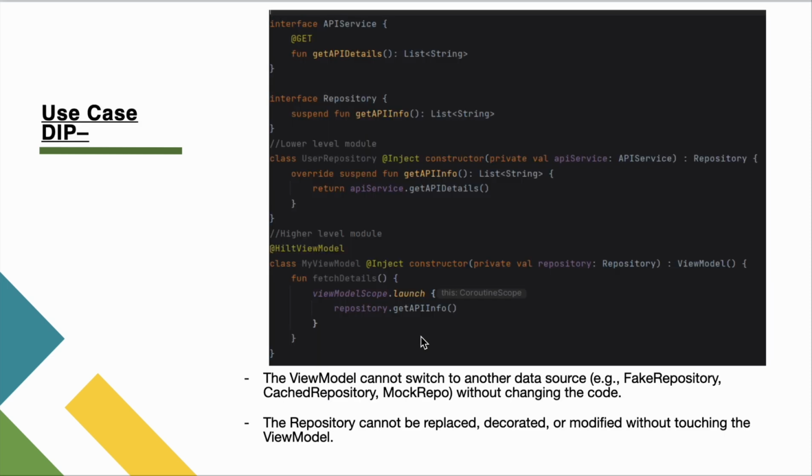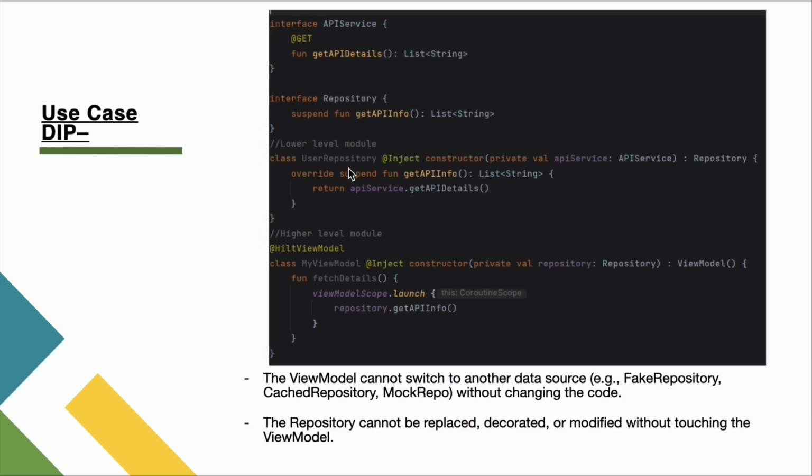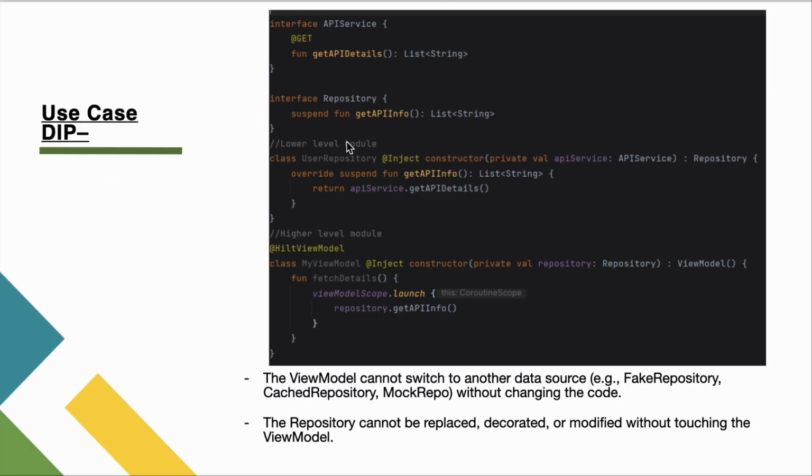Let's better understand with an example. Let's say we have a view model class, a repository class, and an API interface.